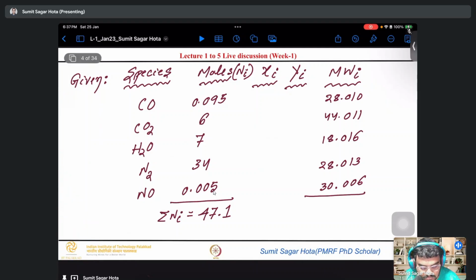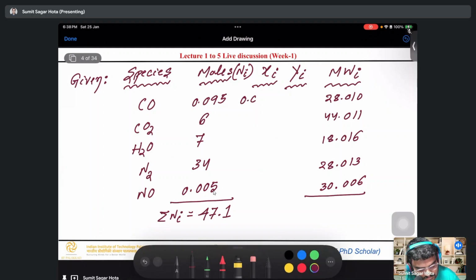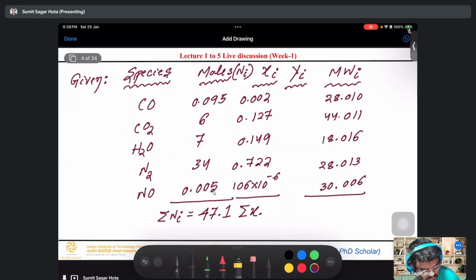I already calculated the mole fraction of all the species and the values are 0.002, 0.127, 0.149, 0.722, and this one we calculated, 106 into 10 to the power minus 6. The summation of chi equals 1.